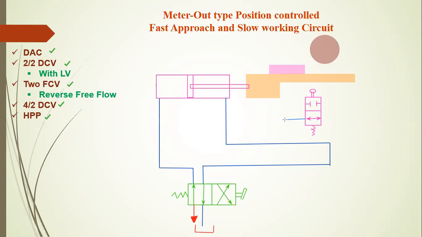This position is attached to our hydraulic line, and this line is also attached to the hydraulic line, but with one additional check valve. For this position, give one check valve.